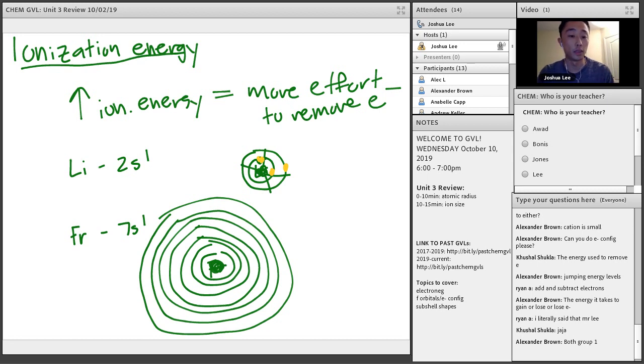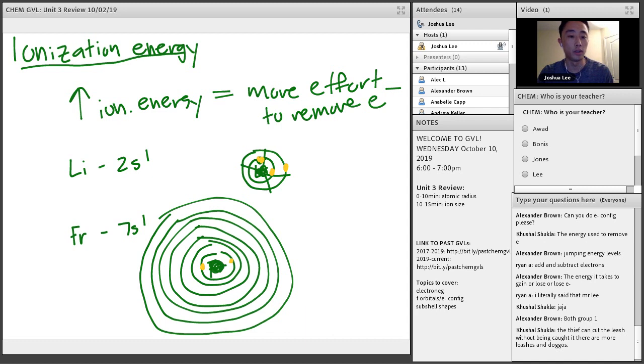For francium, it's a lot more difficult. There's 2 in the 1, 8 in the second, and 18 in the third.